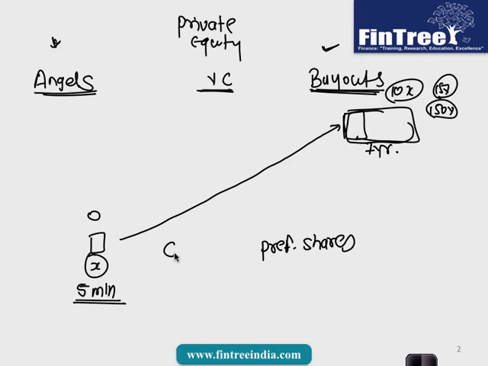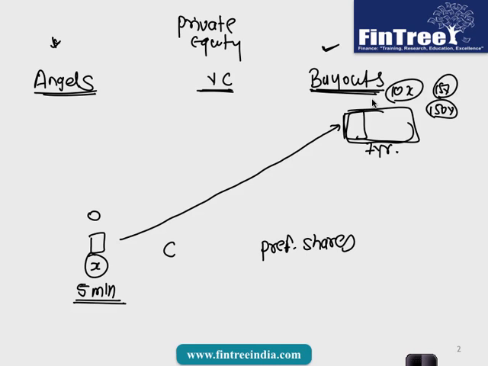So for 7 years you earn dividend, let's say at the rate of 15% per annum. By the end of 7 years, you convert your preference shares into equity shares and become owner of the company. Now, it seems like a really good strategy because you're getting the best of both. You're getting regular income for the 7 years and then you're getting equity.